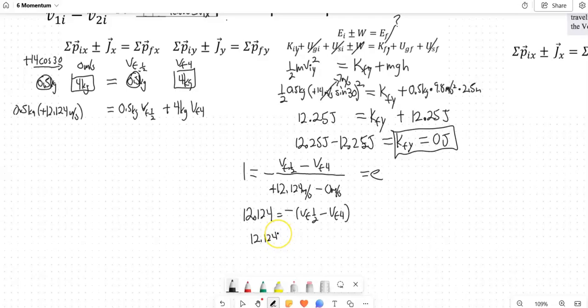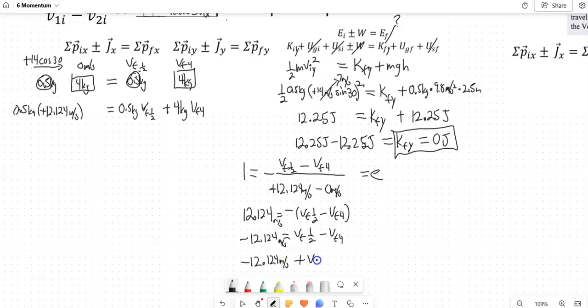In fact, let's just multiply both sides by the negative. Okay. And if we do that, we're going to get V final a half minus V final 4. And then we're going to add that 12.124 meters per second. I should have had the units on this. Meters per second.